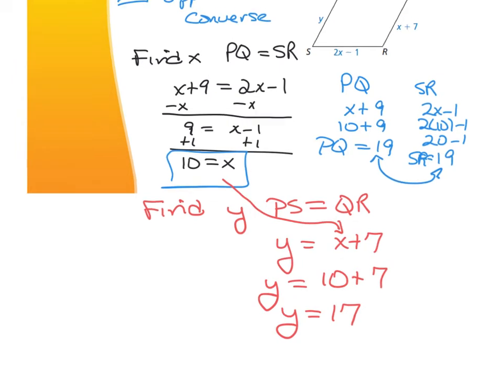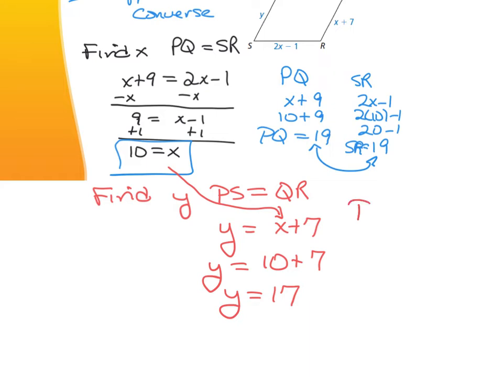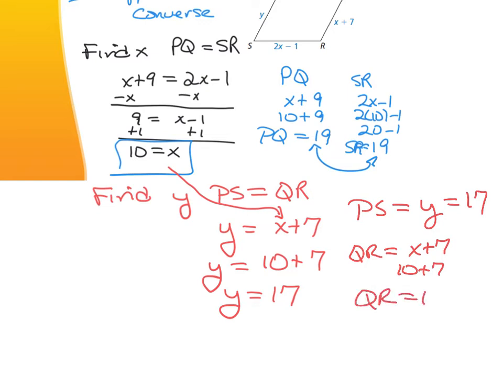Now again, if it asks you to find PS, well, PS is y, and we just found that out, and it was 17. Or if they ask you to find QR, QR is x plus 7, 10 plus 7, and you get QR equals 17.